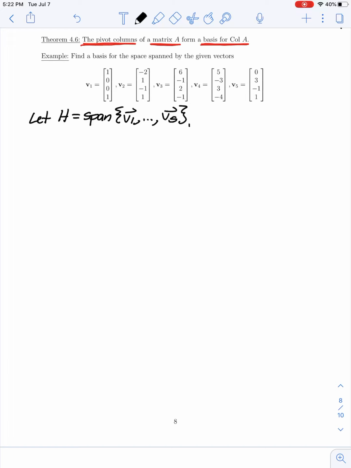Now, we can think about this set H as, I'll write it up here to save a little space.